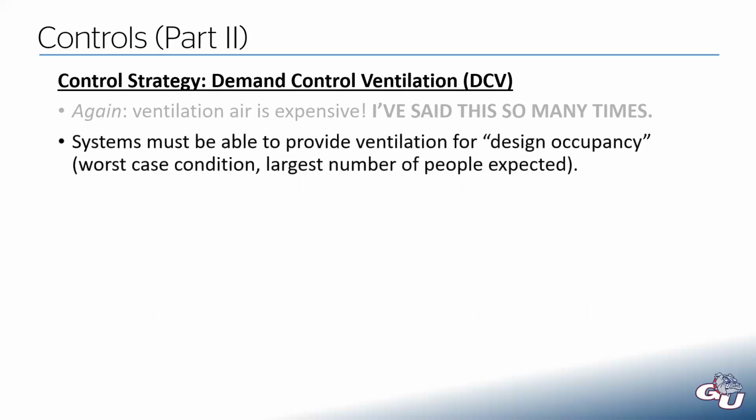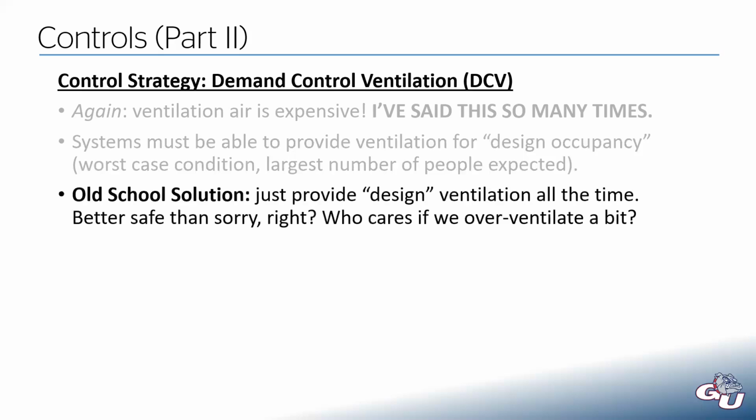And when we design our systems, we have to design them to provide ventilation for the design occupancy, which, thinking back to how a design engineer thinks about things, what's the worst case scenario? What's the most number of people I can expect in this classroom or in this conference room or in this big open office? And then I have to design my system to be able to provide that much ventilation.